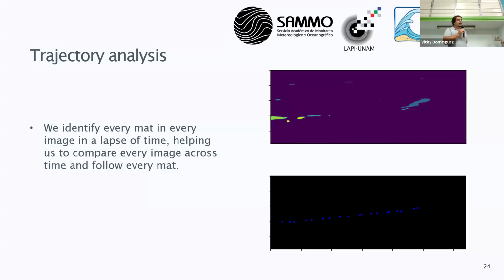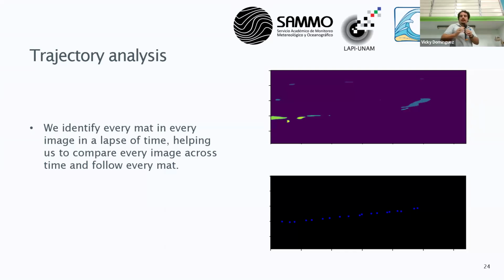Then you look at the next image and compare the size, the movement and the location, and we can infer which sargassum mat is the same as the other one, and then track its movement over a certain time.